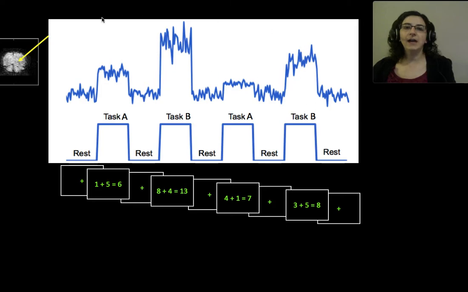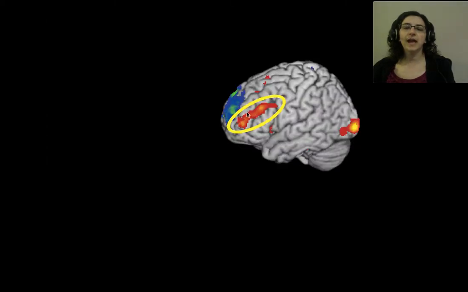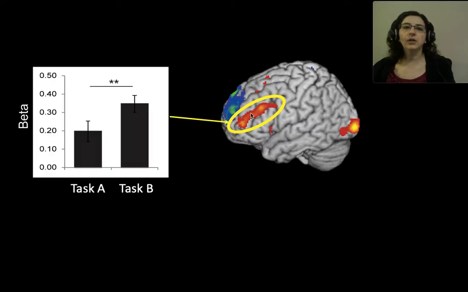And so we can average together the responses for one task versus another task. And so that when you see an image like this, you're actually seeing a color code of the average activity for one task or another task. And if it's higher, we can say that that part of the brain is working harder for that task.